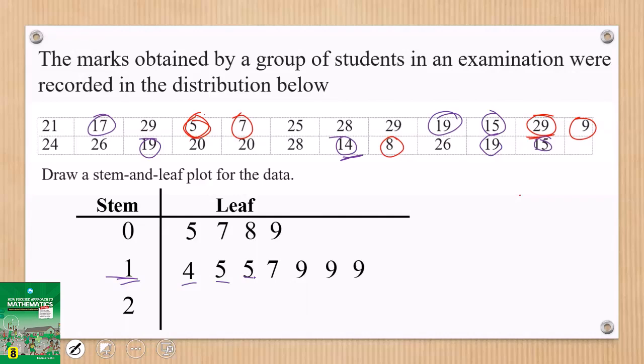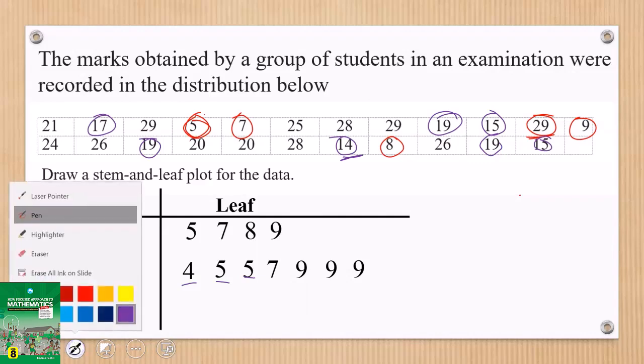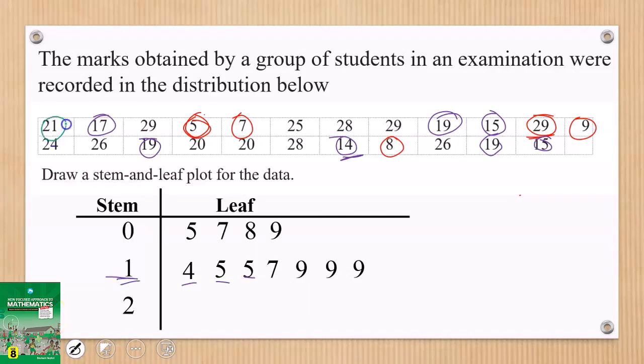Then we go to the ones that have their stem to be 2, that is 20 to 29. That also we can create. Now the list of them is 20, and 20 appears twice.